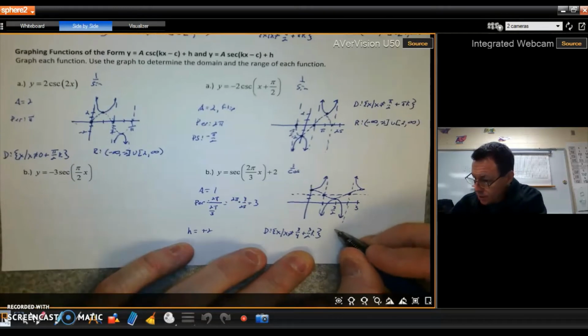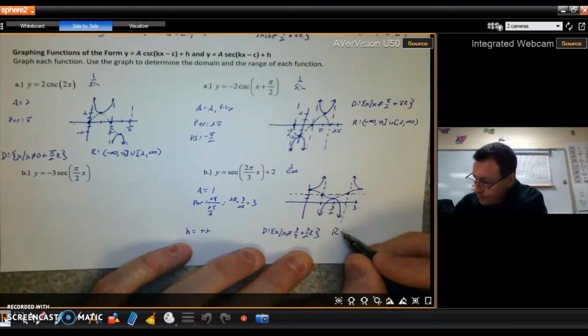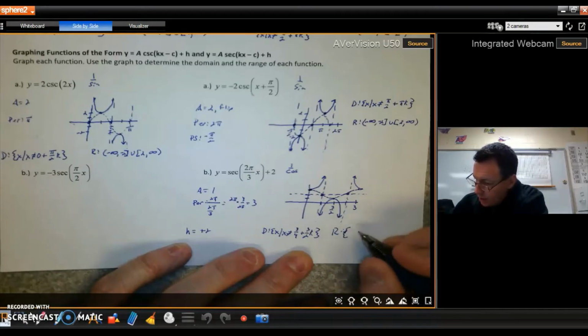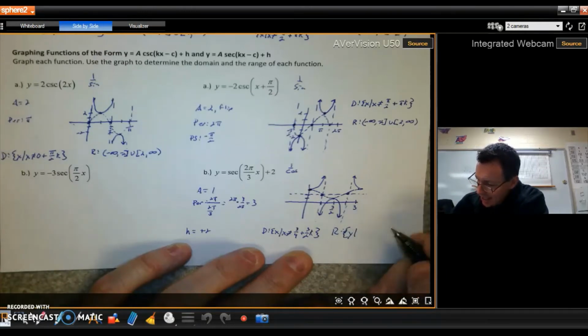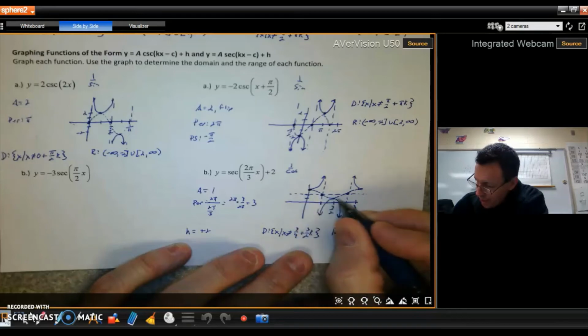Range. So what's the range going to be on this one? I guess I'm doing set builder because I wrote it that way. It's all the y's such that I've got everything from negative infinity up to 1.